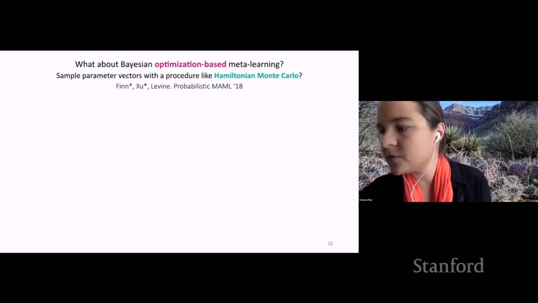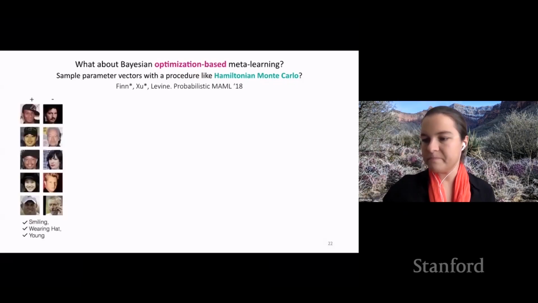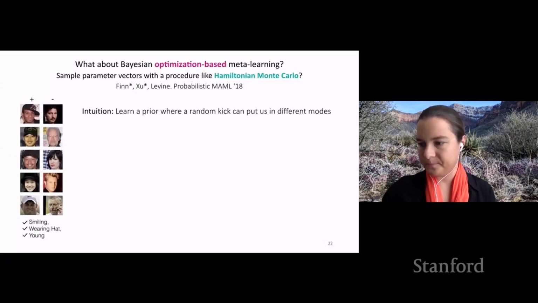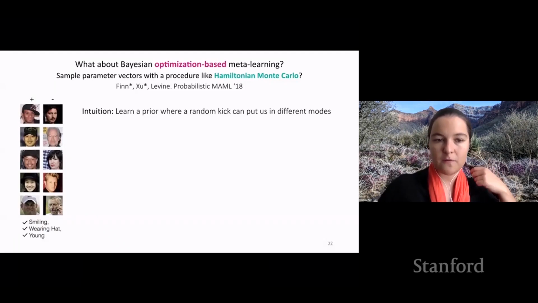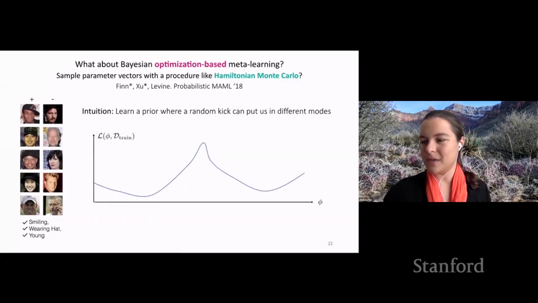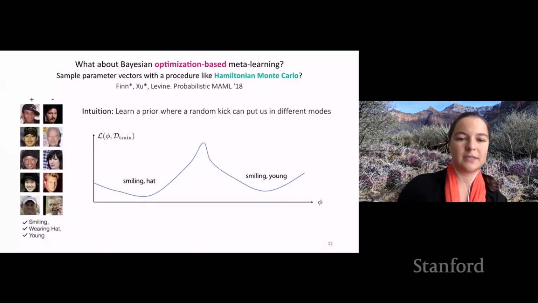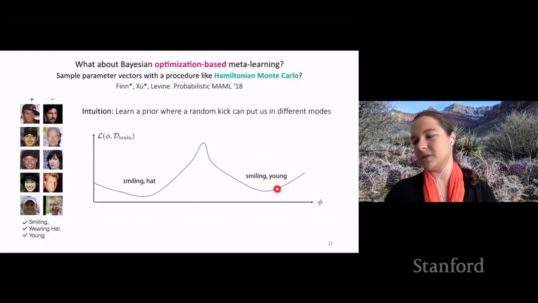Okay, so the intuition behind this last method that we'll talk about is that it's trying to learn a prior over our parameters, where a kick in any direction can put us into different modes of that function. Maybe this is one mode of the function that we want to learn, where we have a classifier that discriminates on smiling and young, and one classifier that discriminates on smiling and wearing a hat.